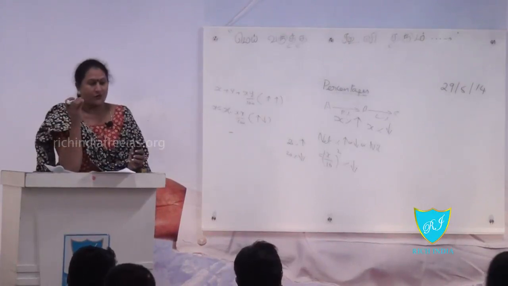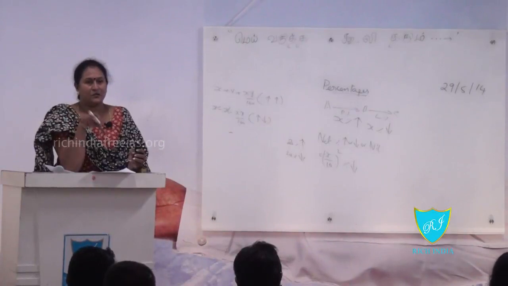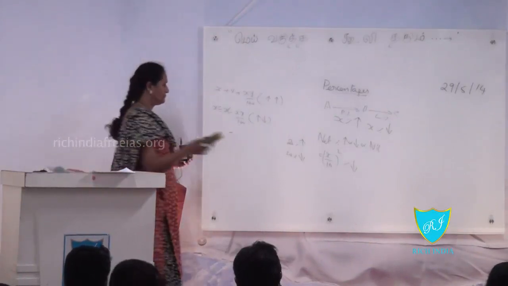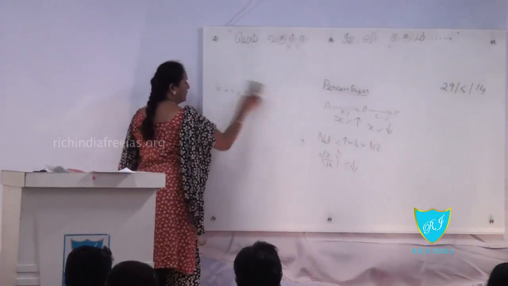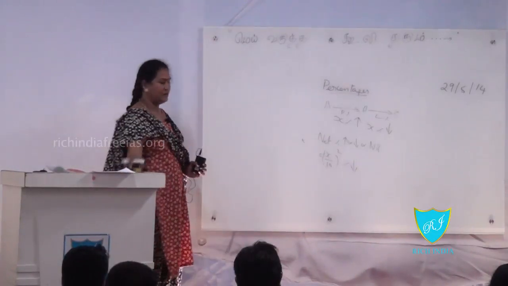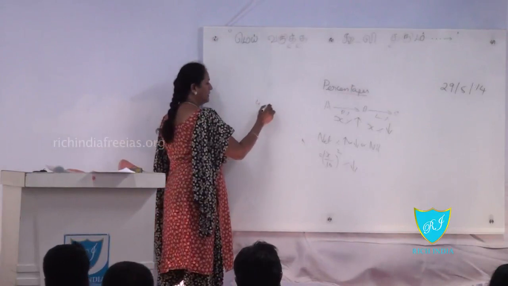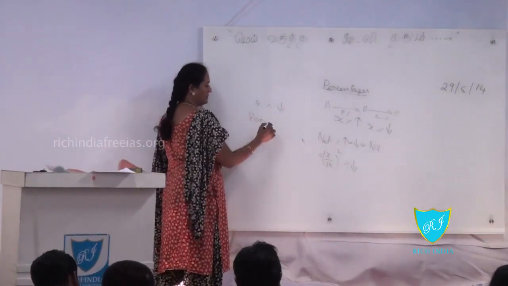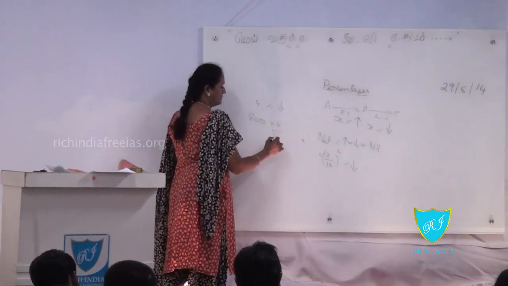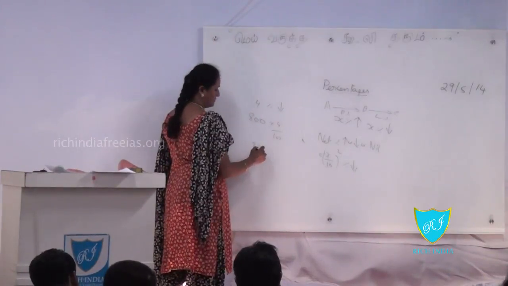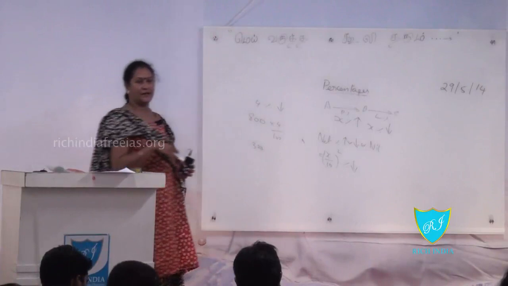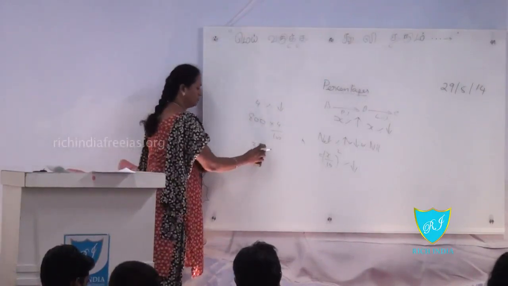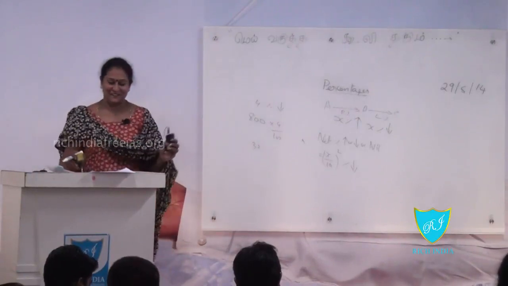So find 4% of 800 and subtract it, you will get the answer. 4% of 800 is 32.